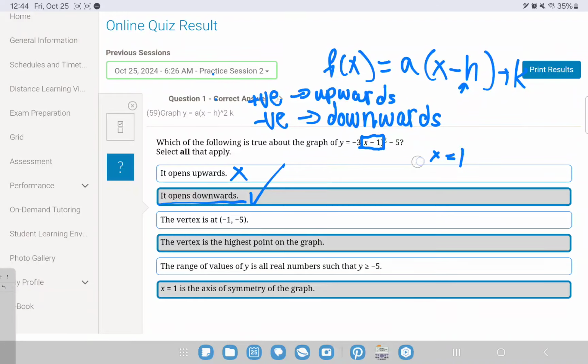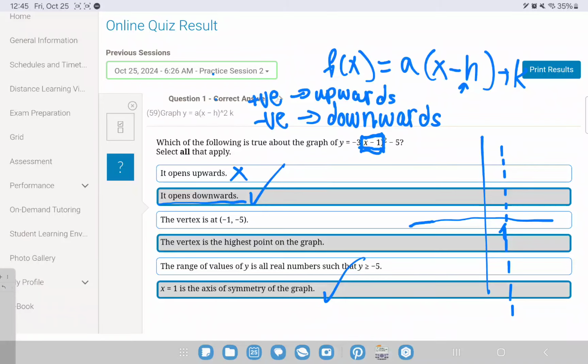So x must be 1 for it to be the axis of symmetry, which is like, let's say you have a graph, here's 1, you'll have the axis of symmetry where your mirror is at 1. So x equals 1 is the axis of symmetry. Whatever makes this value 0 is your axis of symmetry.